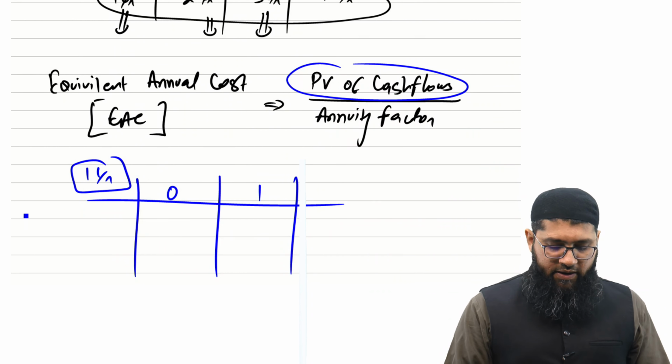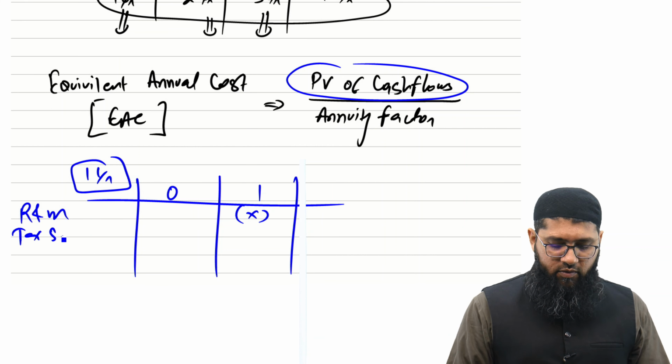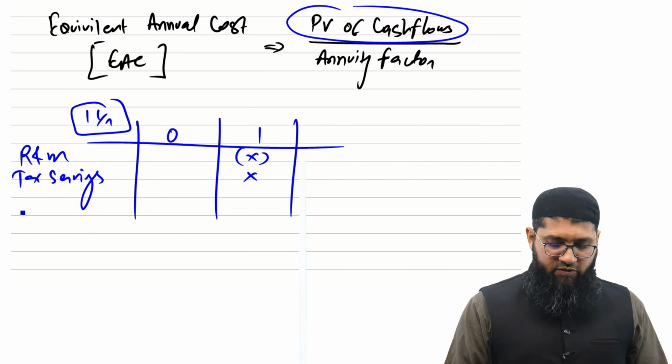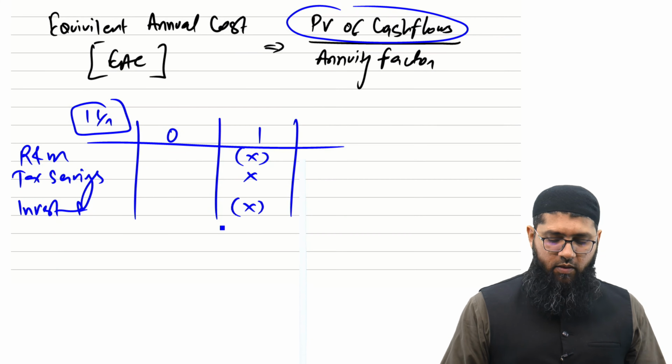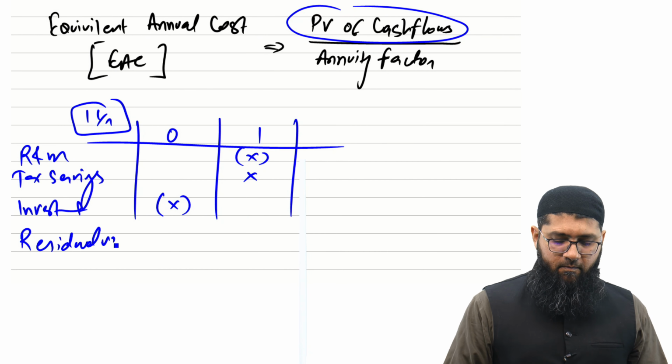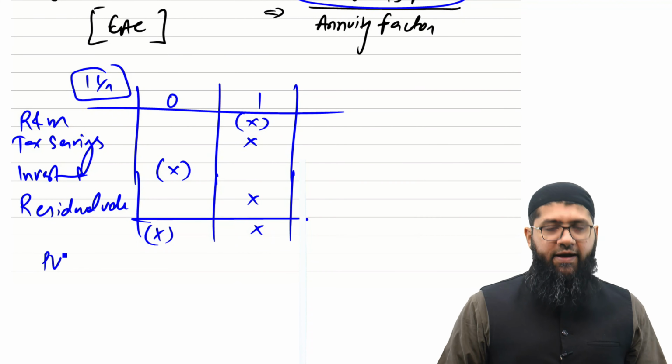Let's say there's going to be repair and maintenance, tax savings on repair and maintenance, investment, residual value, things like that. And then you would convert this into present value.